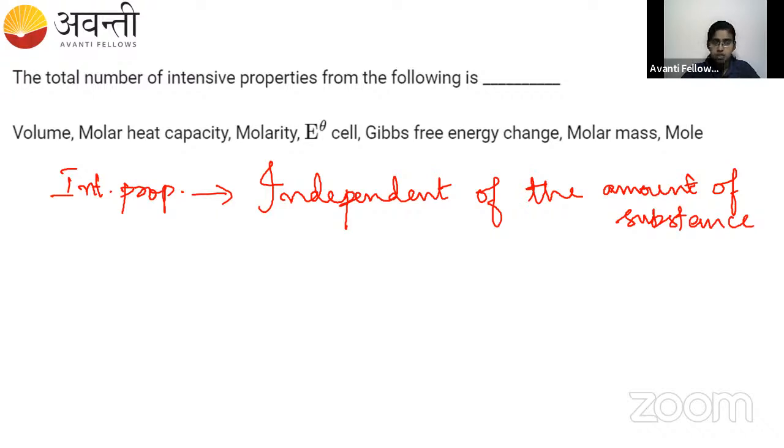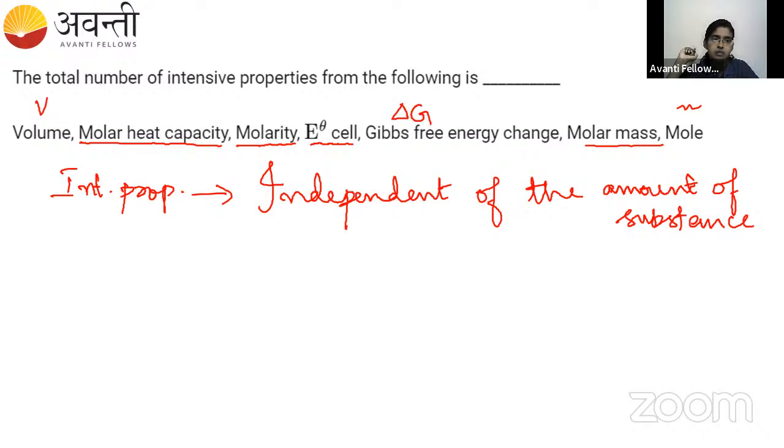And here, if you see, the molarity will fall under intensive property, and the E naught cell, and molar mass, and molar heat capacity. So all these four properties come under intensive, whereas volume, Gibbs free energy change delta G, and the mole are the properties whose value changes on changing the size of the system.